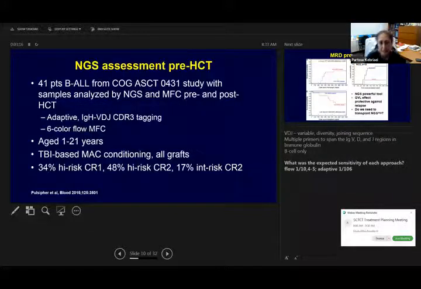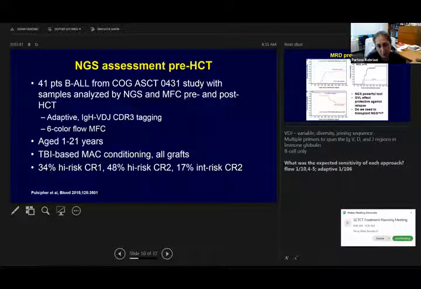What about more sensitive techniques such as next-generation sequencing? This is a nice study by Pulsifer and colleagues looking at kids that were treated for B-ALL on the Children's Oncology Group, and they looked at the impact of MRD prior to transplant using both next-generation sequencing and multi-parameter flow.